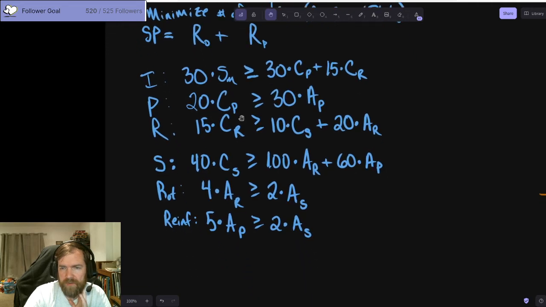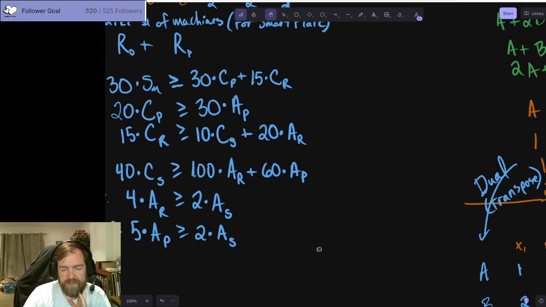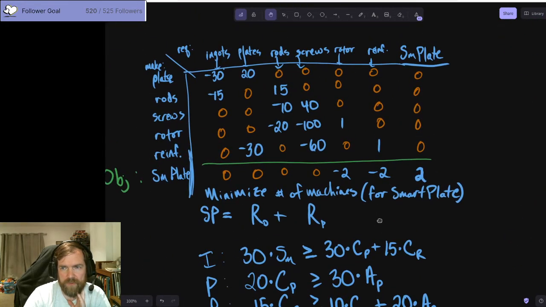If we're minimizing, we've got all these constraints which are greater than or equal to, which is going to create probably a bit of a problem.